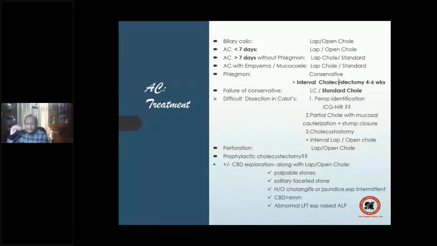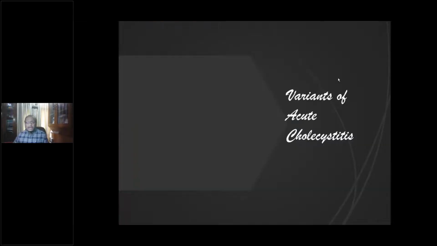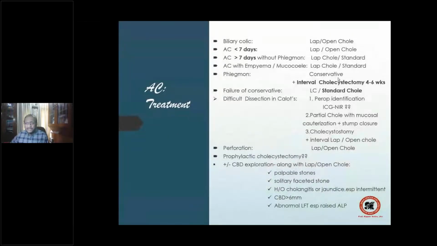But the problem comes with failure of conservative therapy. In the last slide we said if conservative therapy fails, that means 48 hours down the line, go ahead and do a laparoscopic or standard cholecystectomy. That's not the only option available to you. The other option, and you should note that down, is number two, cholecystostomy.